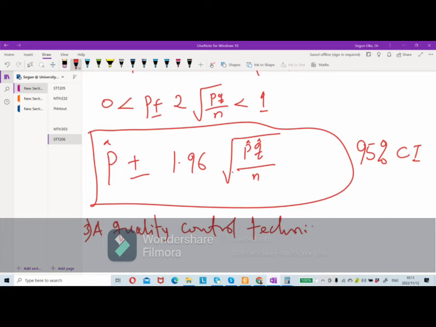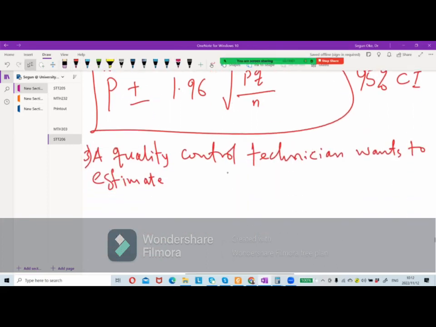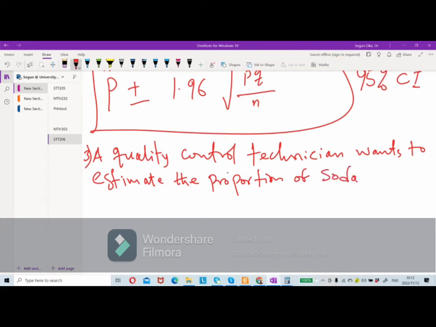A quality control technician wants to estimate the proportion of soda cans that are underfilled.